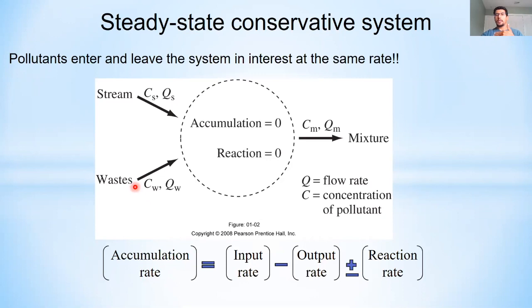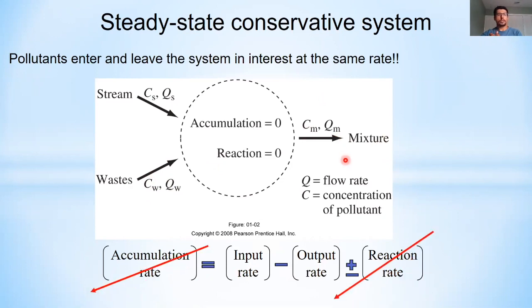And then there is waste discharged to this river, with the concentration of this specific chemical in the waste, and the flow rate of the waste is QW. So there are basically two inputs to the system, and there is the output as a mixture.